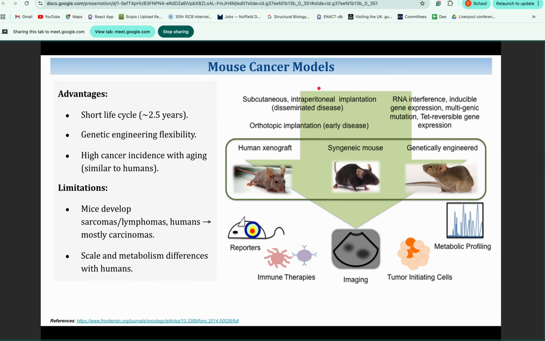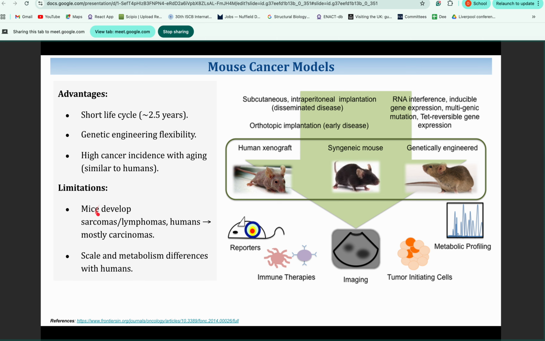Now if we talk about the mouse cancer models, the advantages are that it has a short life cycle, about 2.5 years, genetic engineering flexibility, you can easily go for genetic engineering in the mouse, and high cancer incidence with aging. So it's similar to humans, that with aging the incidence of observing cancer increases.